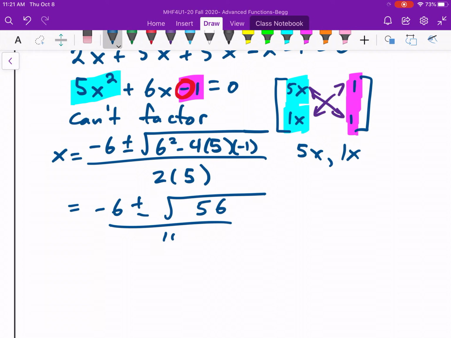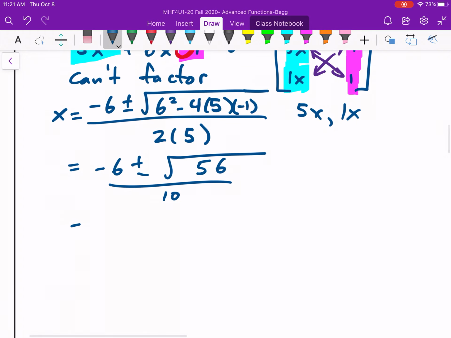And I get 10 on the bottom. So, square root of 56, what's that? 7.48. So I'm going to do negative 6 plus or minus 7.48 divided by 10.